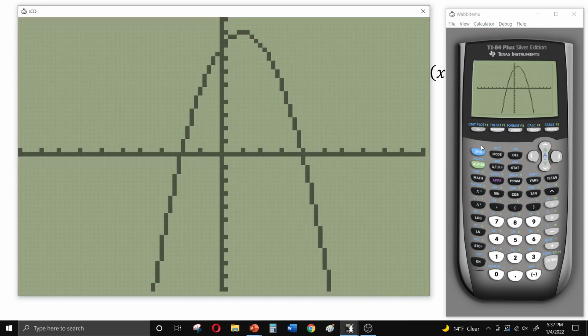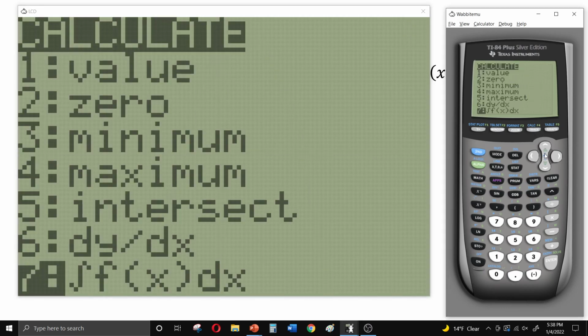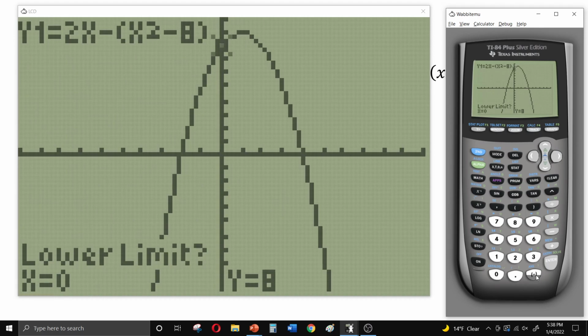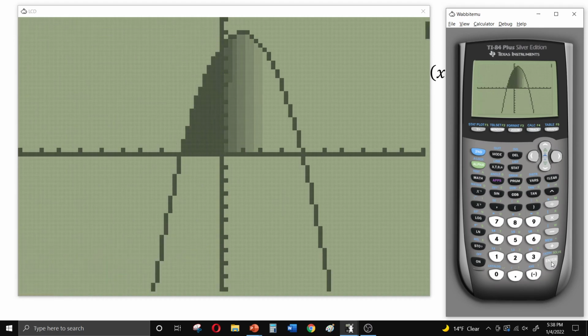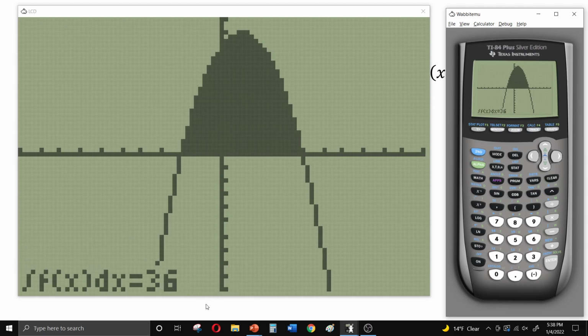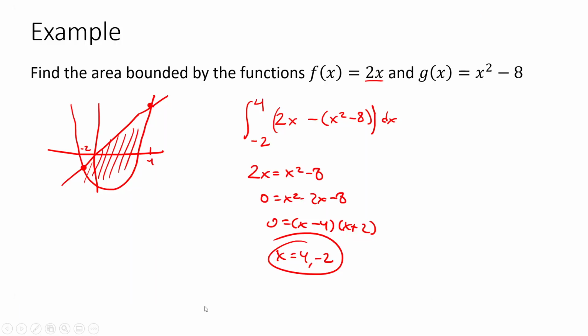All right, and again, we find our bounds, which we found were -2 and 4. And there we go. The answer is 36. Okay, and again, that represents the area of that region.